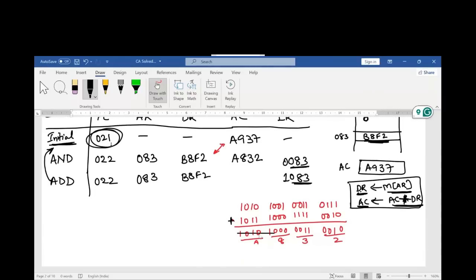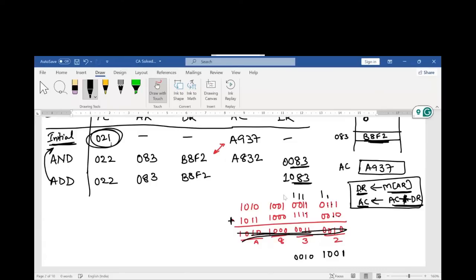Let us perform the addition of these two, AC and DR. 1 plus 0, 1. 1 plus 1, 0 over here, 1 carry. 1 plus 1, 0 here, 1 carry. Here I'll have 1. 1 plus 1, 0, 1 carry. Here again 1 plus 1, 0 here, 1 carry.